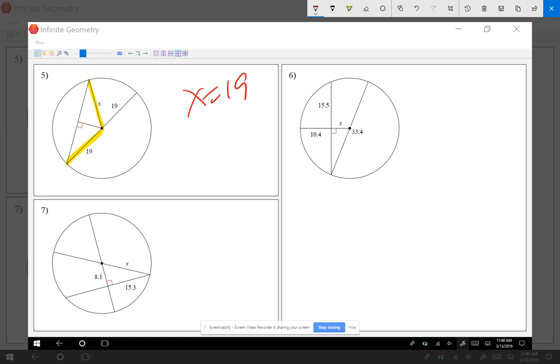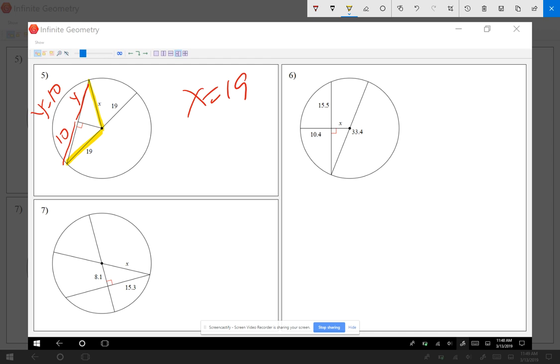As an example, I can say this part of the chord is y. Let's say this part of the chord is 10. The chord, you see the 90-degree symbol with a segment starting from the center. The chord gets cut in half. So for that one, I will say y equals 10. There's not much work to do. So I might use a chord, I might use a radius, but question number 5 is that simple.